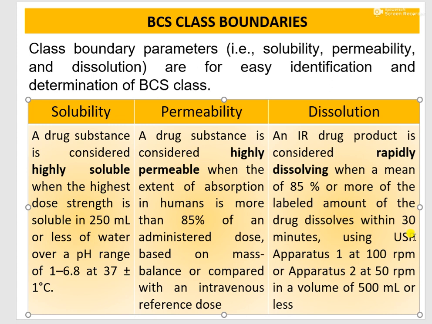If you are using USP apparatus 1, you have to use 100 RPM, and apparatus 2 you have to operate at 50 RPM in a volume of 500 ml or less.